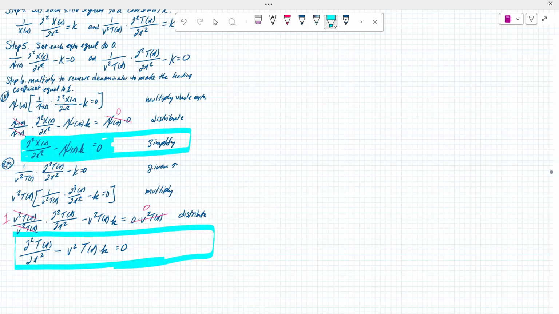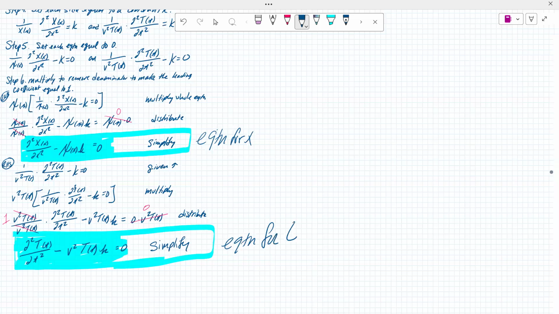This also is simplified, so we'll just highlight this. So we have an equation for x, and this one we have an equation for t. This is also simplified. Those are our two major results that we have so far.